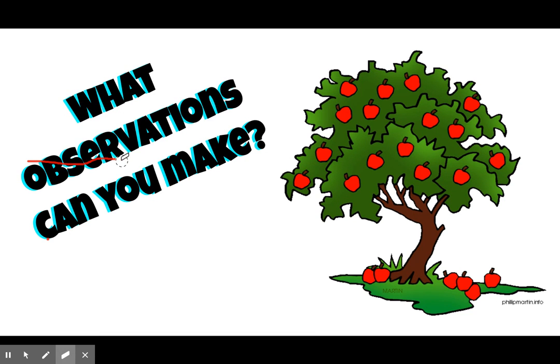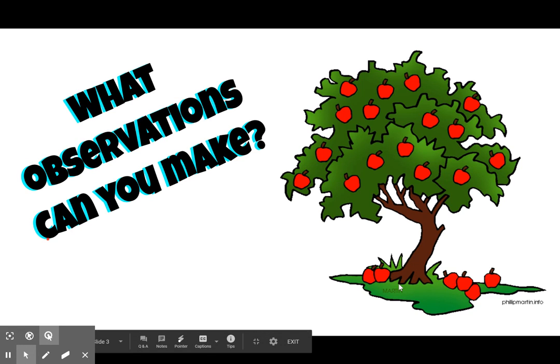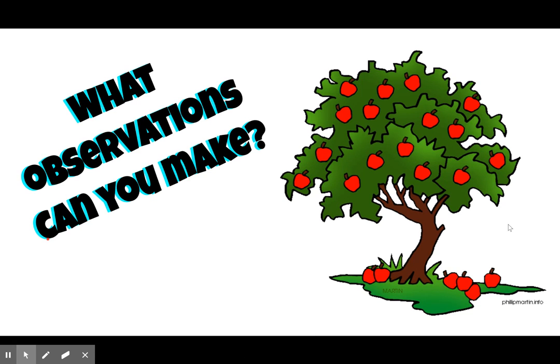So let's take a look at this tree here. What observations can you make? So take a moment, pause the video, and think about some of the observations you can make. All right, so let's come back. Some observations you can make.